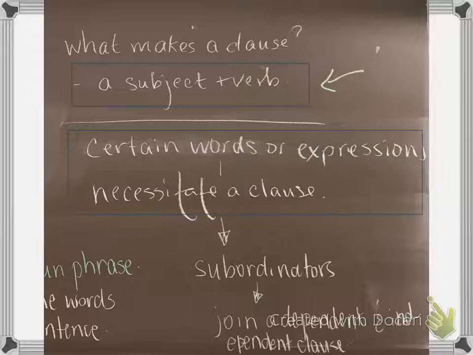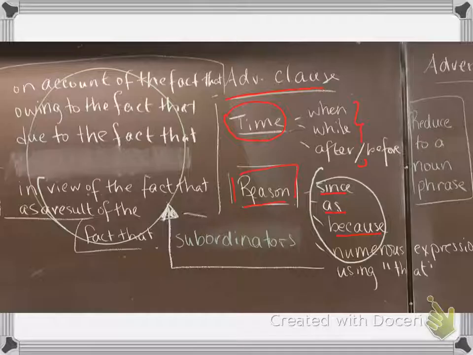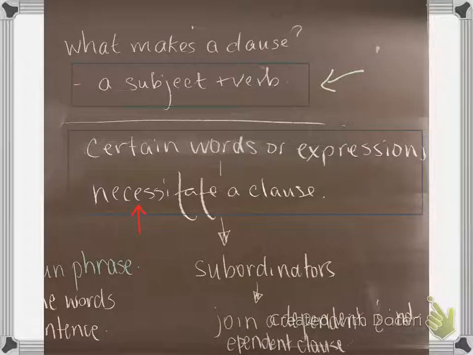And necessitate here just means there's a reason for the clause. When we look at all of these words over here, since, as, because, and these expressions, they all function as what we call subordinators in English.